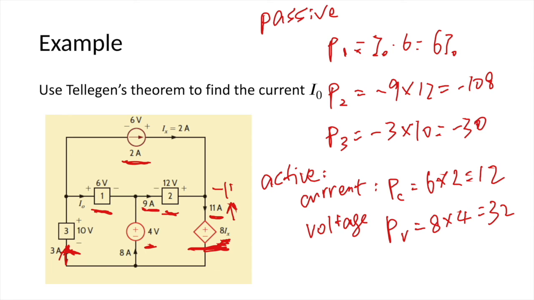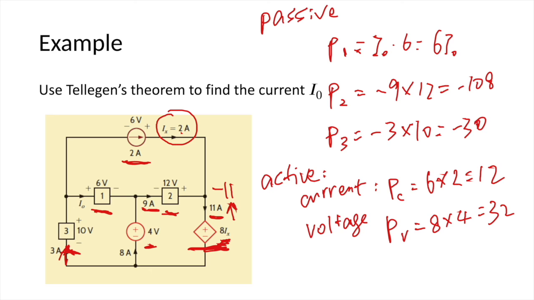So 11 ampere becomes negative 11, and the voltage is 8 times Ix. The voltage of the dependent source relies on Ix. We know Ix equals 2. So 8 times Ix is 16.